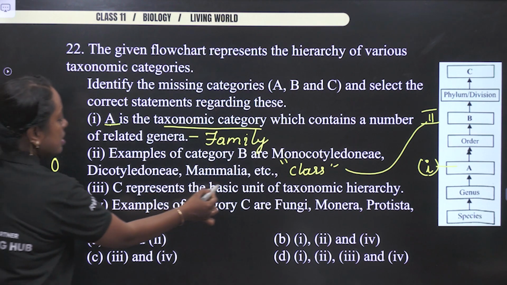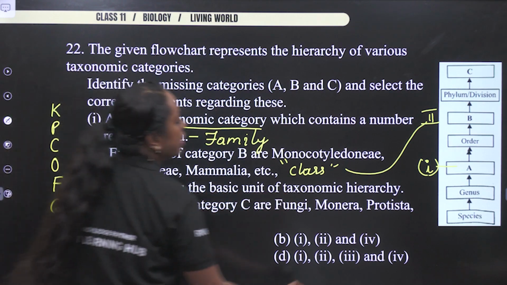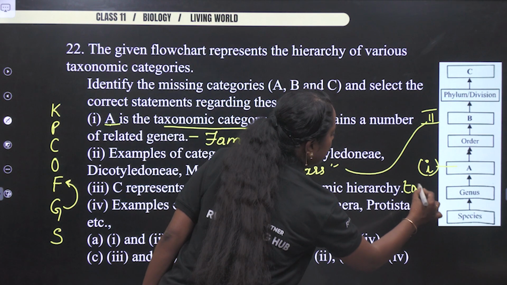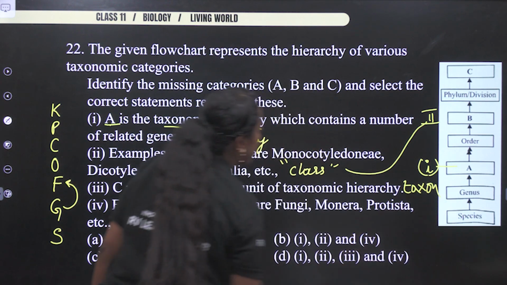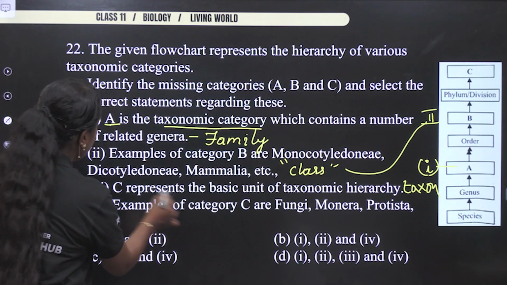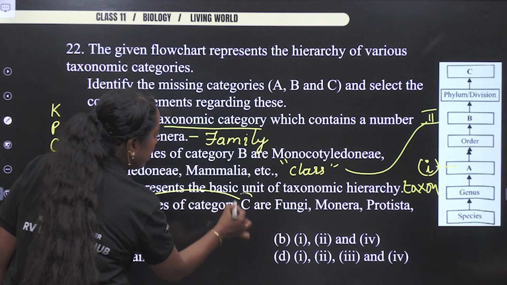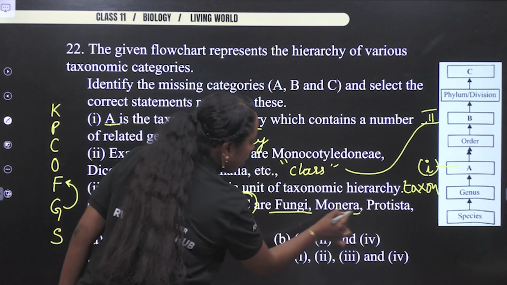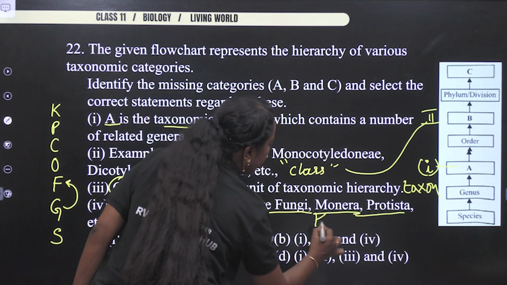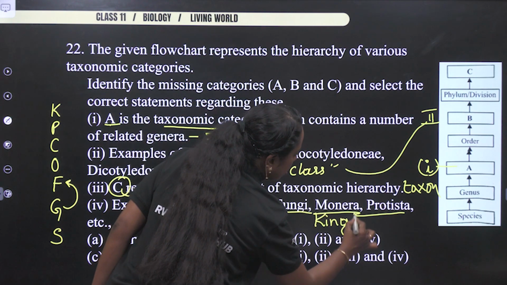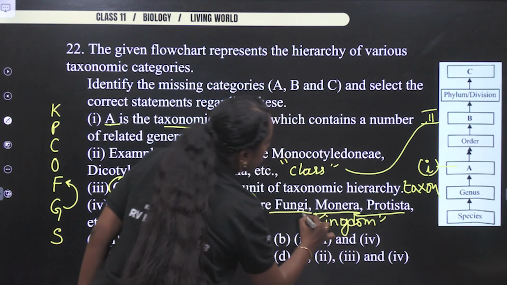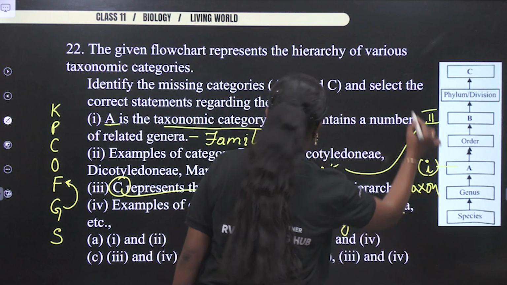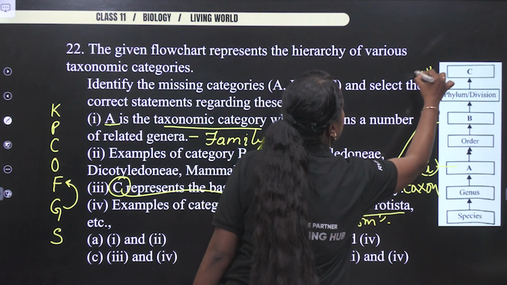C represents the basic unit of taxonomical hierarchy. Let us say it is taxon. Next, examples of category C. He is using the words fungi, monera and protista. They are called what? Kingdom. So C becomes the fourth one.